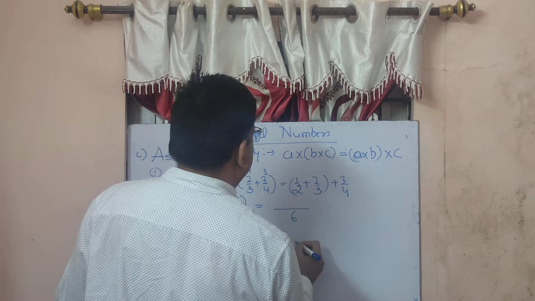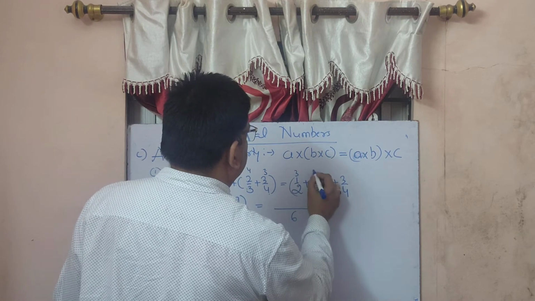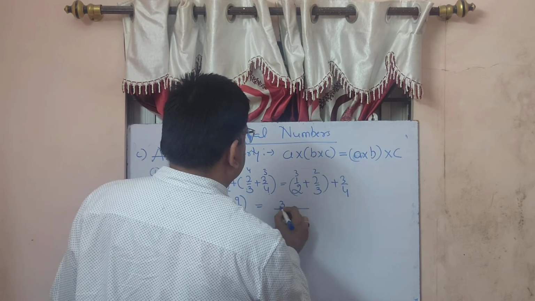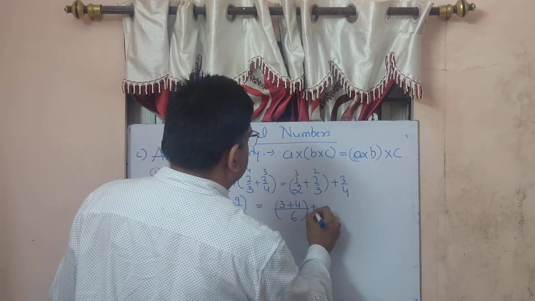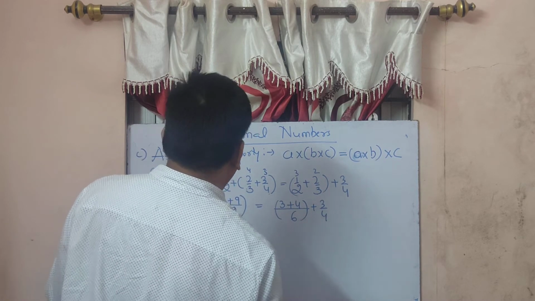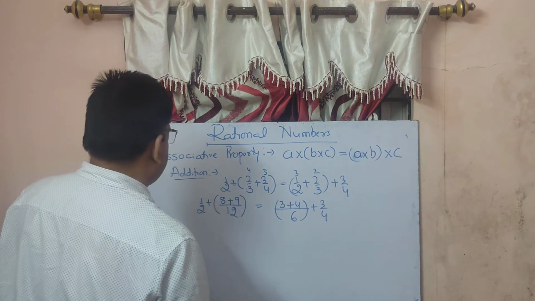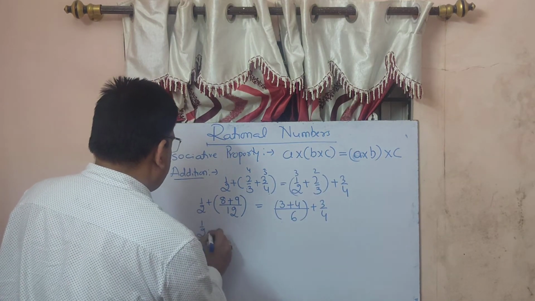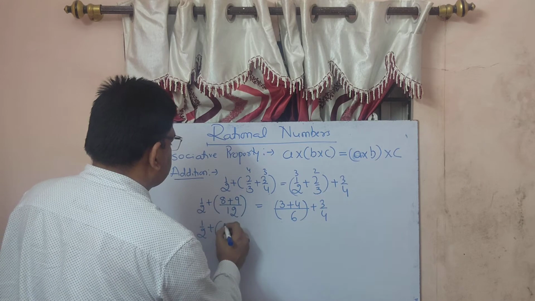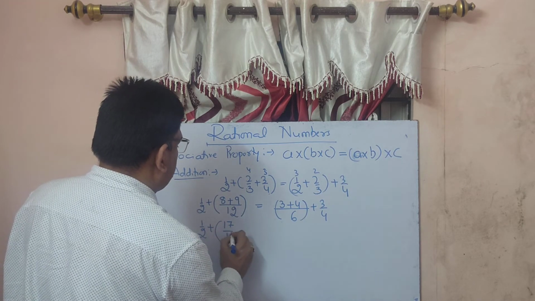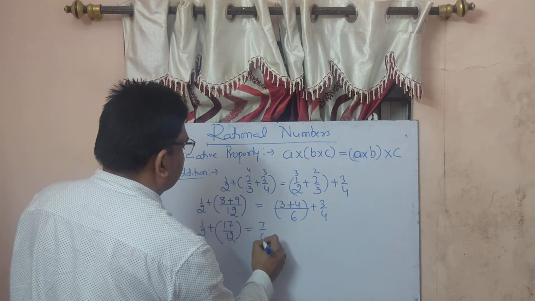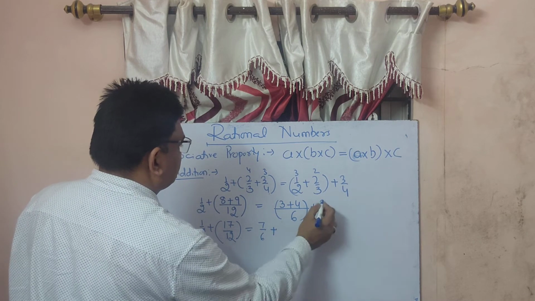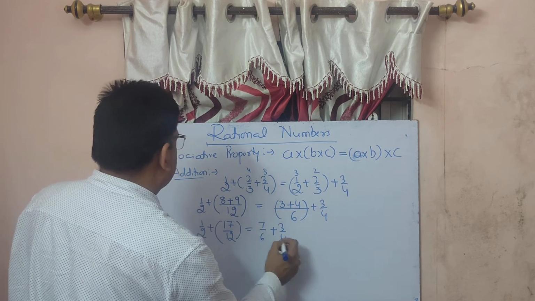LCM is 6. 3 2s are 6, 1 3s are 3, plus 2 2s are 4, plus 3 upon 4. Now 1 upon 2 as it is. 8 plus 9 is 17 upon 12. Here 3 plus 4 is 7 upon 6 plus 3 upon 4.